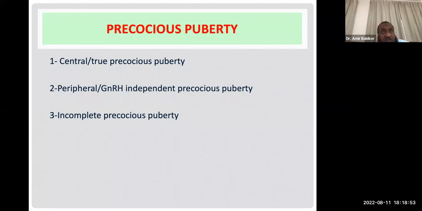So they are independently secreting the testosterone and the estrogen and suppressing the gonadotrophin اللي هم LH and FSH.